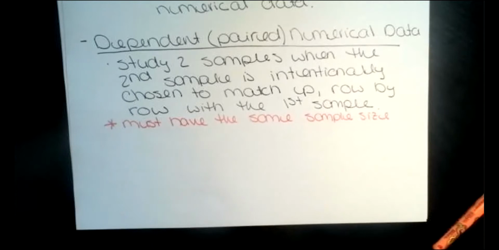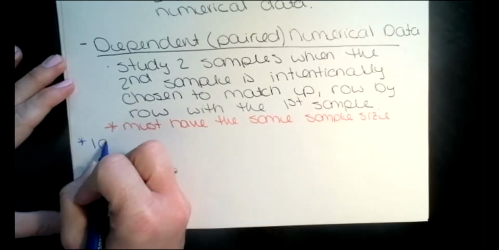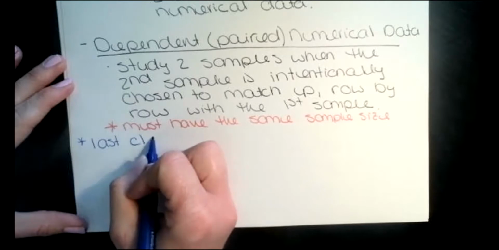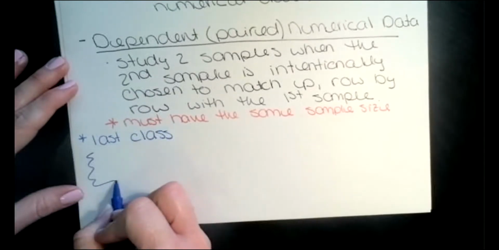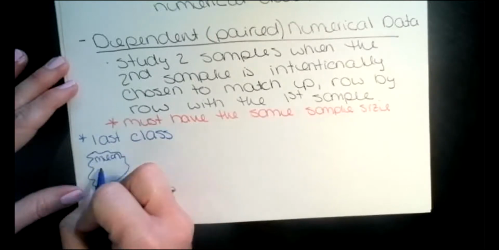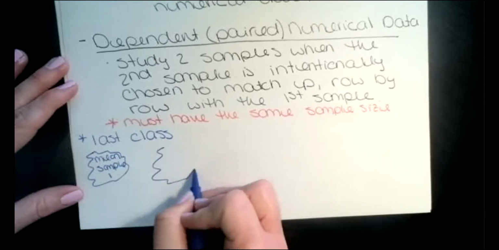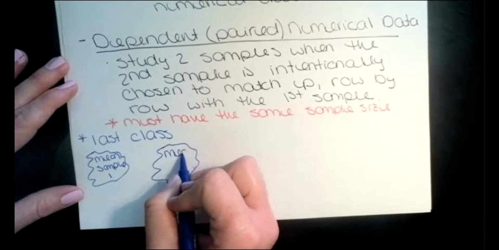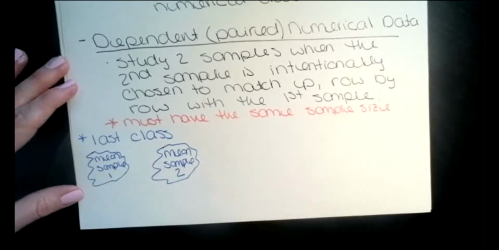So actually, let me do this. Last class, we had two samples, right? And we took the mean for sample one. And we had a second sample, and we have the mean of sample two, right?